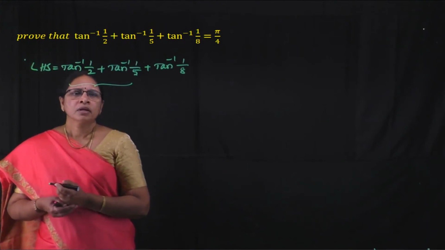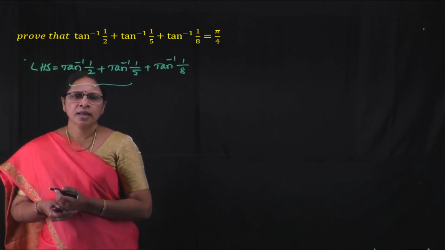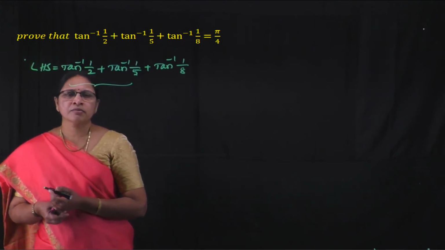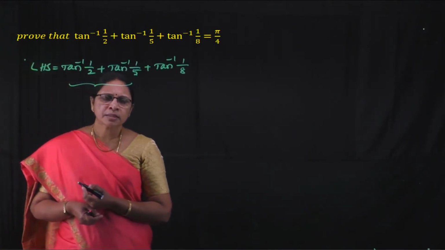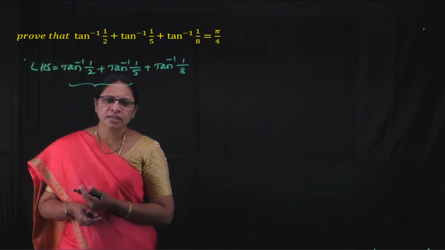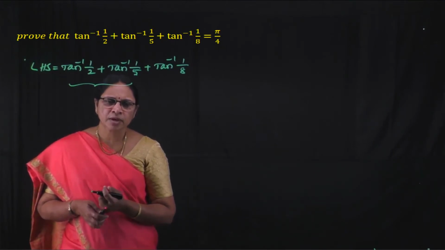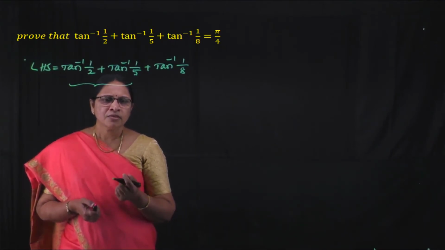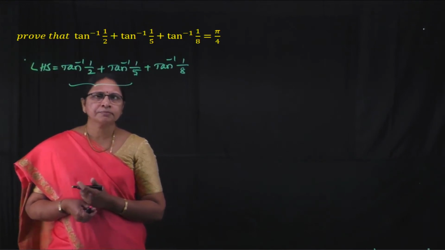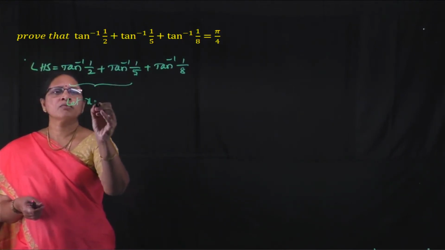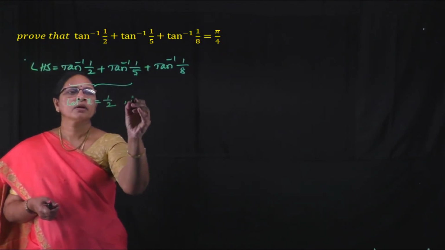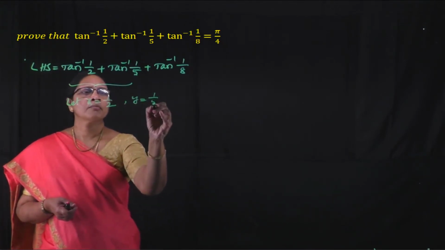Here it is in the form of tan inverse x plus tan inverse y. The formula for tan inverse x plus tan inverse y is tan inverse of x plus y by 1 minus xy if xy is less than 1. Let us take x equal to 1 by 2, y is equal to 1 by 5.